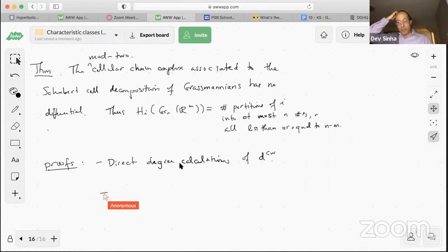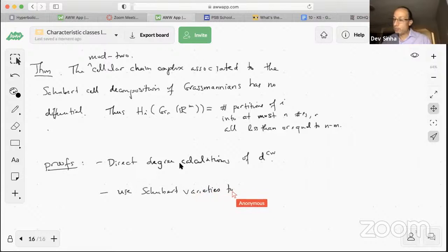Another thing you can do is use these blown up Schubert varieties, the closures of cells, to produce homology.